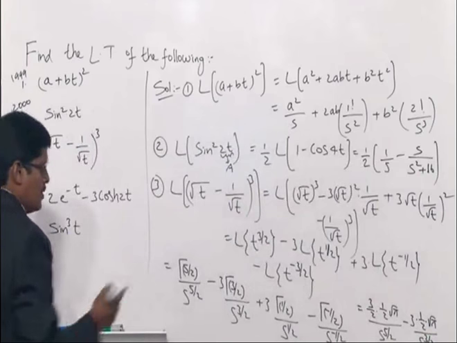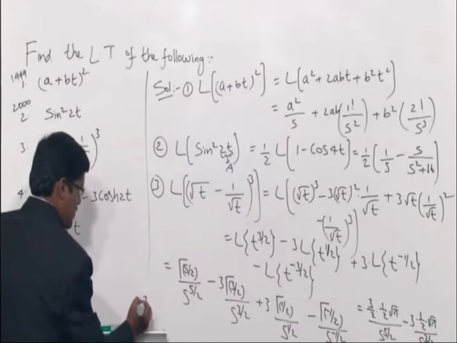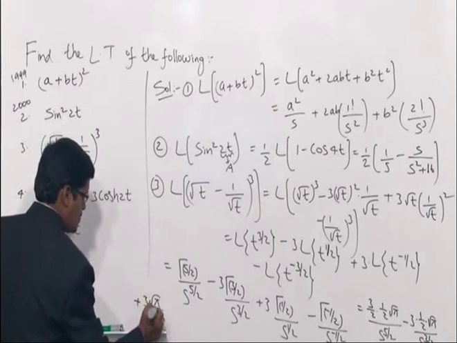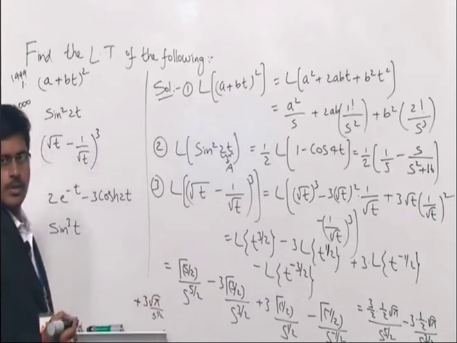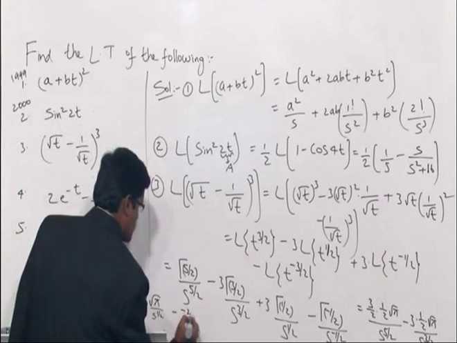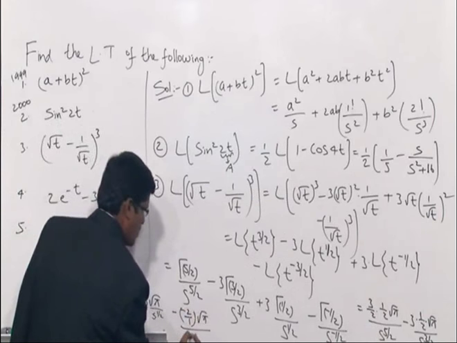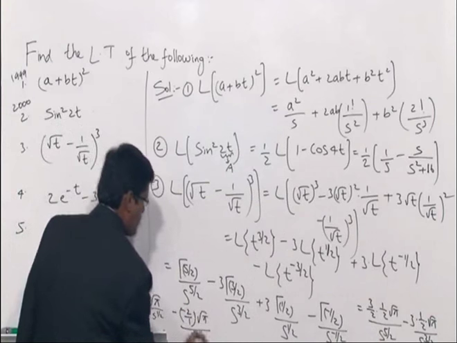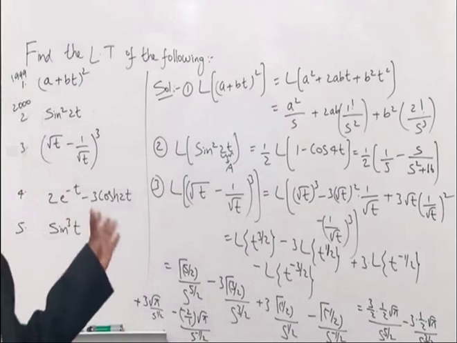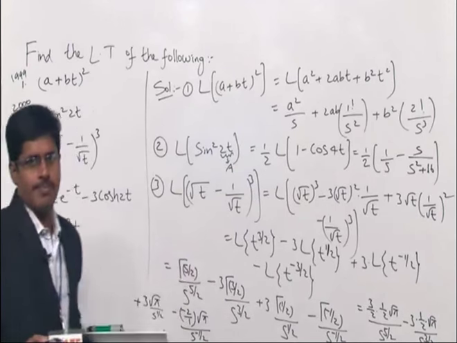I am continuing here: plus 3 times gamma half, which is nothing but root pi divided by s power 1 by 2, and the last one, minus gamma of minus half, which is minus 2 by 1 into root pi divided by s power minus half. Later you simplify depending on the options. I have done gamma of negative fraction and positive fraction for the last two terms, and the other two terms I have written in this step.